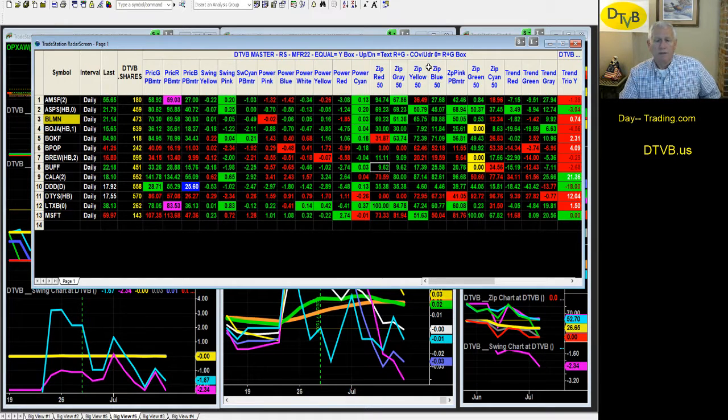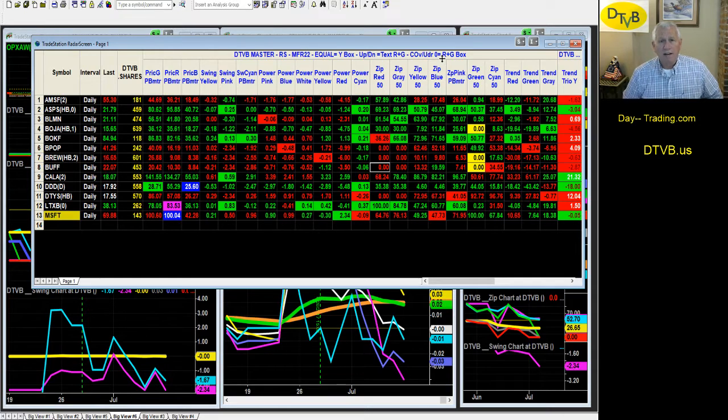So for example, if you want to see divergence between the power pink line and the power blue line, you can just click on the power pink going down and the power blue going up. Those are two separate indicators, but you can plug them right into the scan and it'll print out divergence.